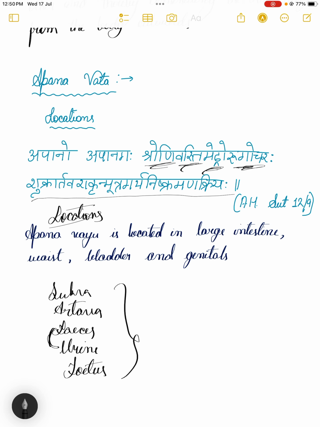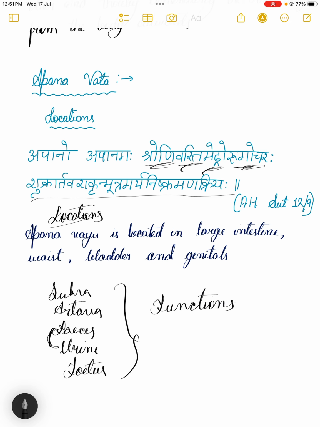So these are eliminated out of the body. It can be thought of like that, Apan Vayu acts like muscular contraction, but you should not directly correlate Apan Vayu with the peristaltic movement or the muscular movement, because the concept is very deep and there is no such mention that Apan Vayu is the muscular contraction directly. Just for understanding purposes we can think of it like that, it helps in expulsion of these things out of the body. So these were the functions of Apan Vayu.